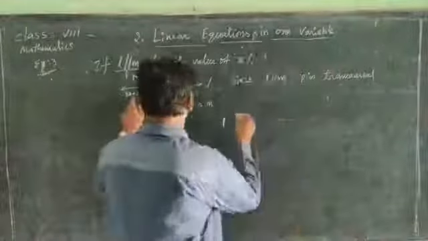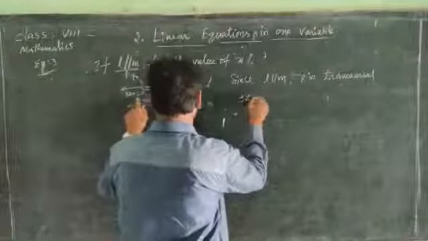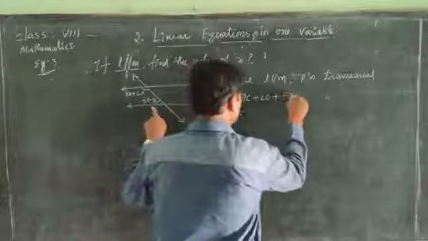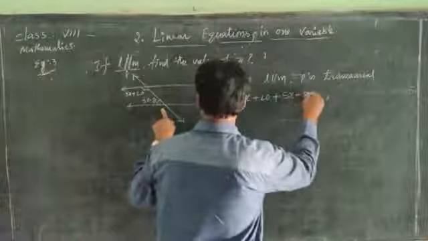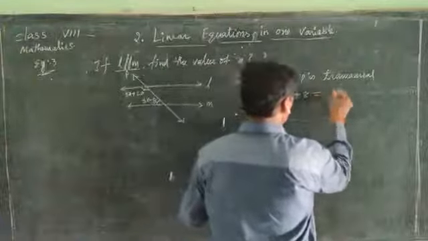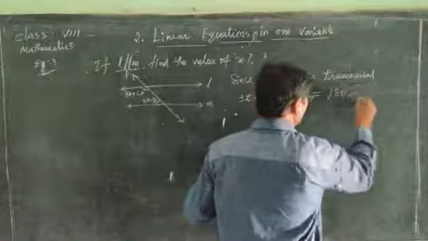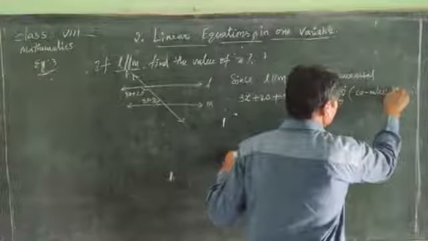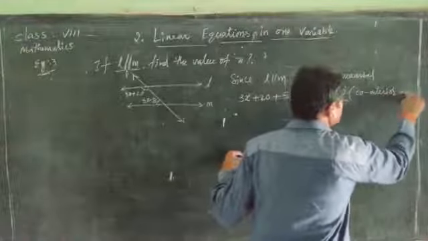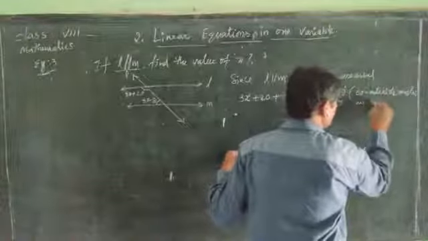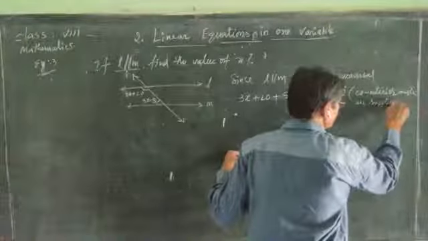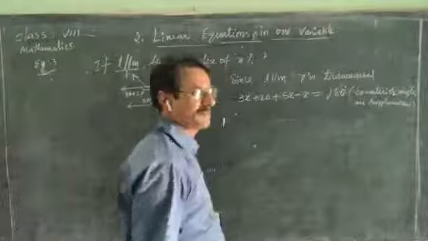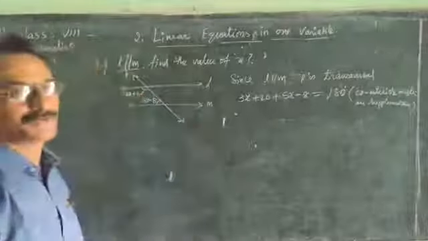That means 3x plus 20 plus 5x minus 8 equal to 180. Co-interior angles are supplementary. Now it is the correct one.